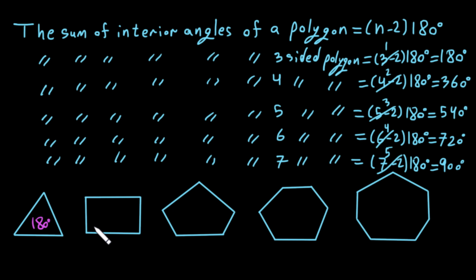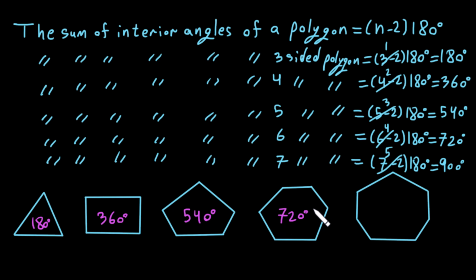Since this one has four sides, the sum of interior angles of this four-sided polygon is 360 degrees. Here, since it has five sides, 1, 2, 3, 4, 5, the sum of interior angles is 540 degrees. If it is a six-sided polygon, like here, 1, 2, 3, 4, 5, 6, the sum of interior angles is 720.